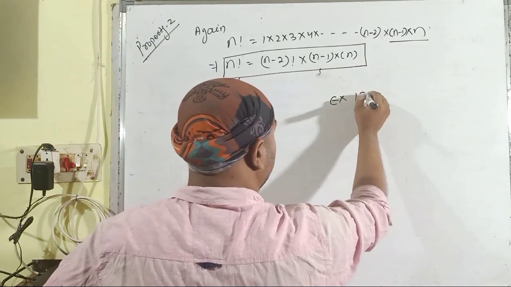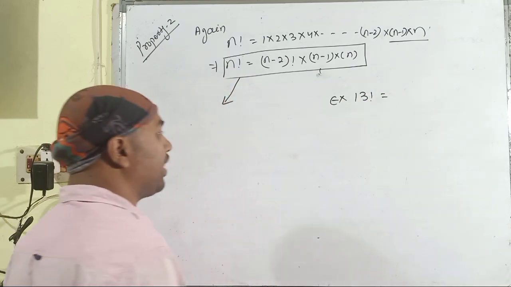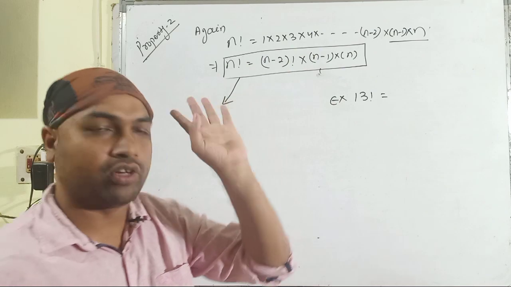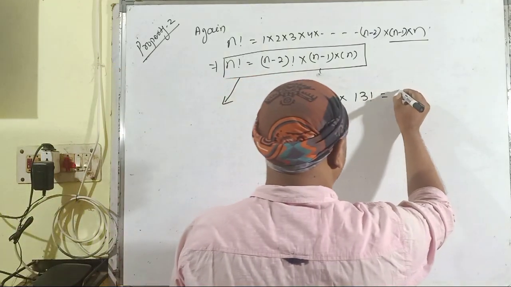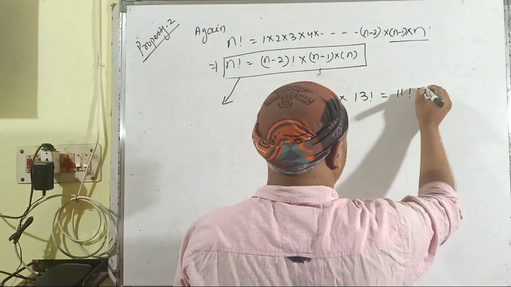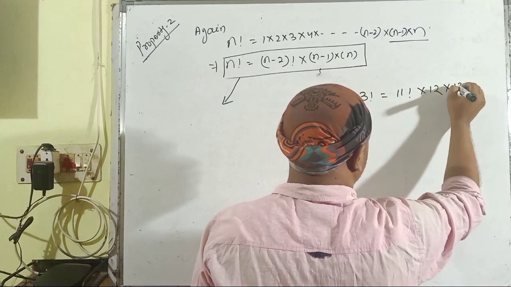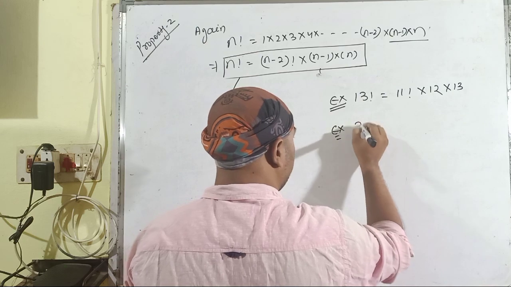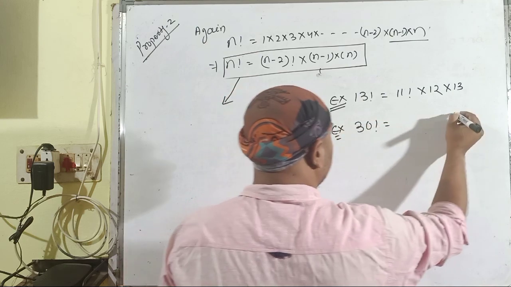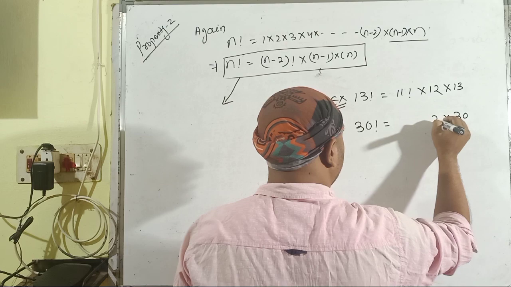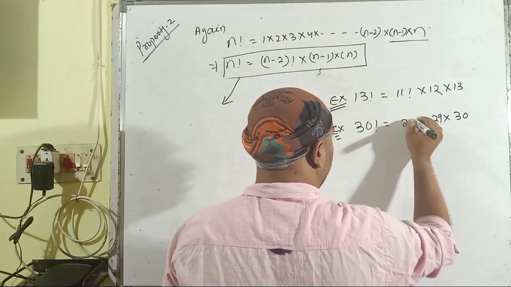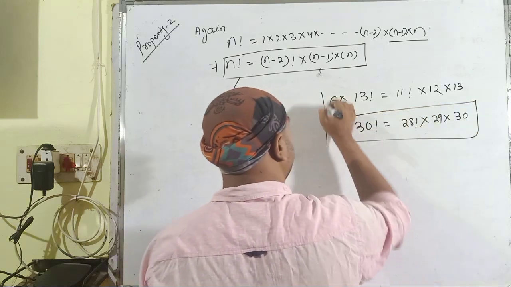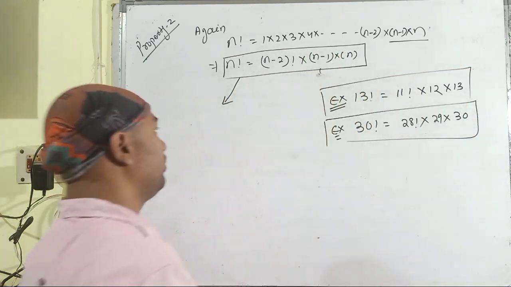Suppose we have given 13 factorial and we have to separate it into 3 terms, out of which one term is a factorial. So it will be 11 factorial multiplied with 12 multiplied with 13. Again, another example is here. Suppose I have given here 30 factorial, then 30, 29, and then its previous term is 28, factorial of 28. So these are the examples based upon the formula.